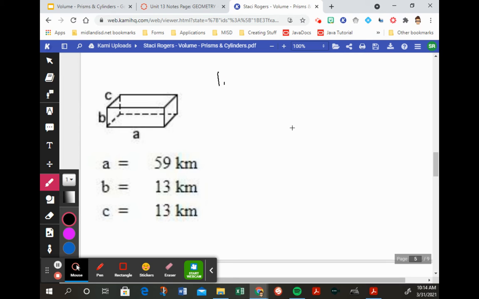Number 1, what is your base? I'm going to say my base is A and B again. Here's A and B. So I have 2 of them, my front and my back.